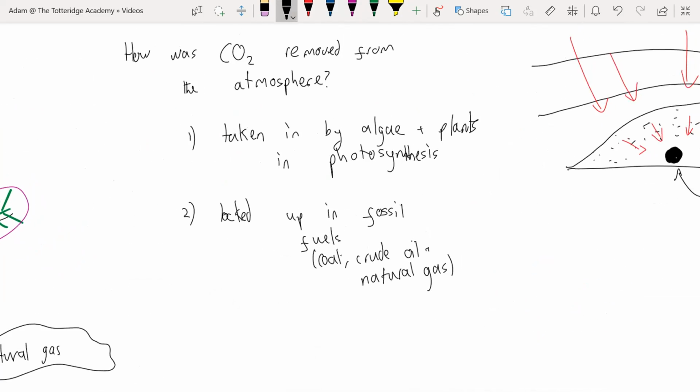Now, of course, that is, again, locked up. Like rocks are, they're pretty boring. They don't do all that much. So all of that carbon gets stored.